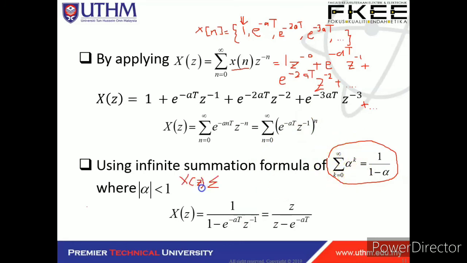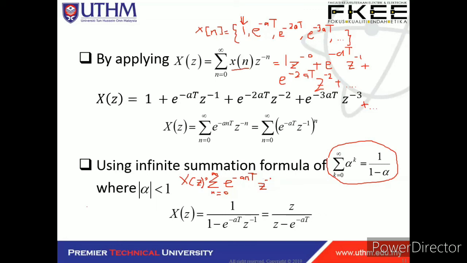So we have the equation for Z transform, summation for n equals to 0 until infinite, x(n) is exponent negative a capital T, multiply with z negative n.